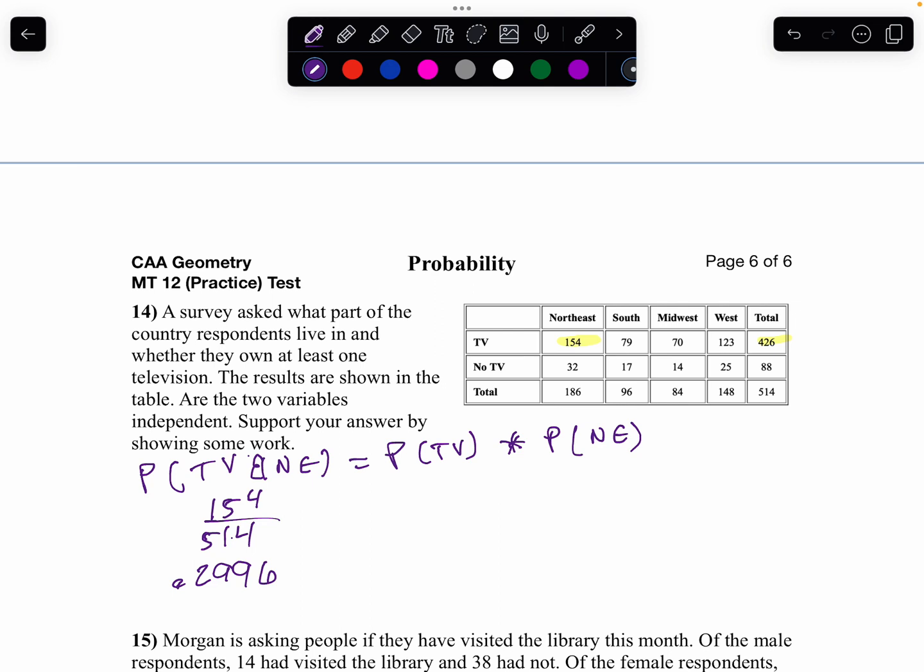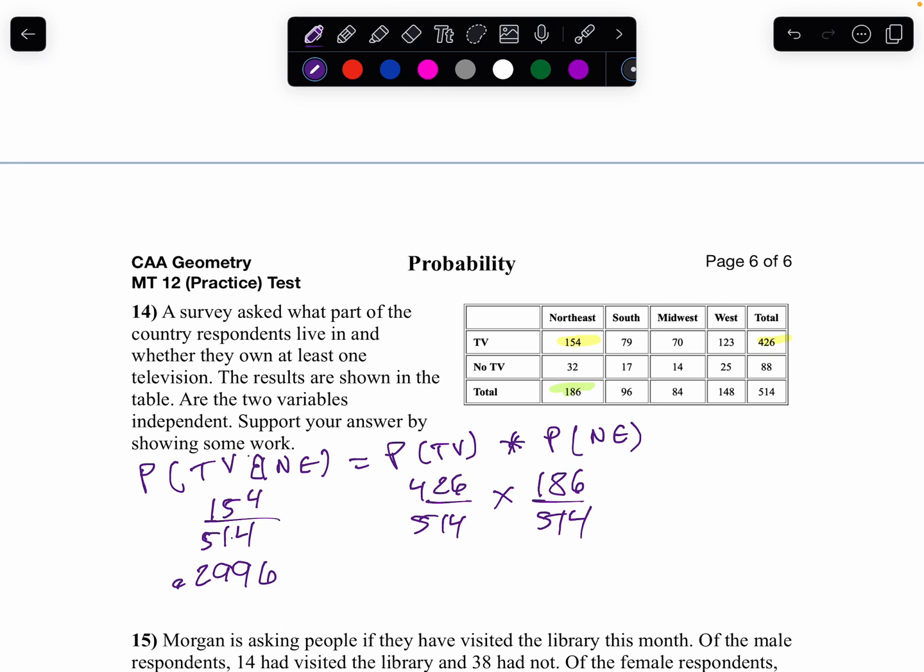So it'll be 426 out of 514 times the probability of being from the Northeast. That one I'm going to look at my column total. That's 186 out of 514. So let's multiply those together.